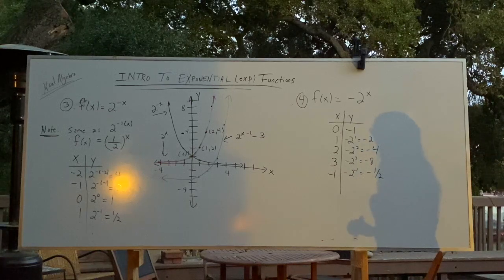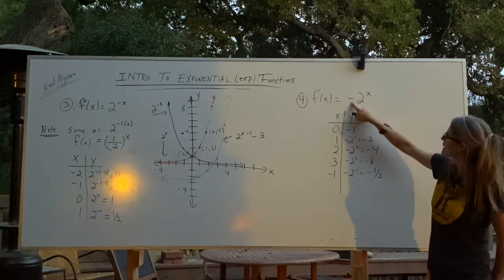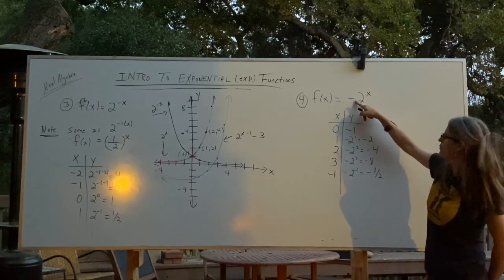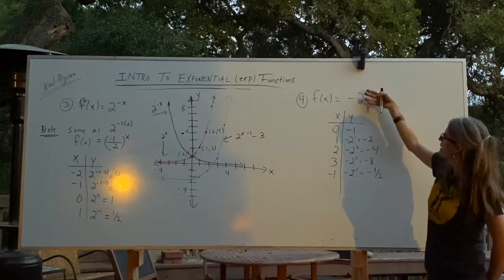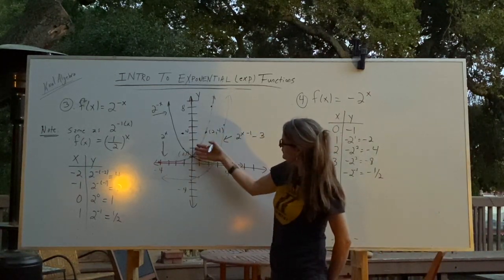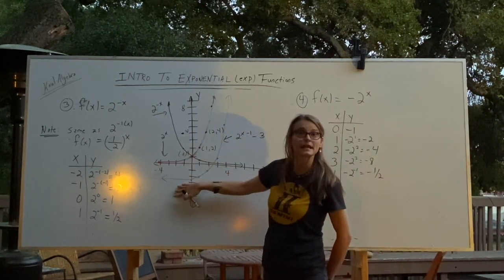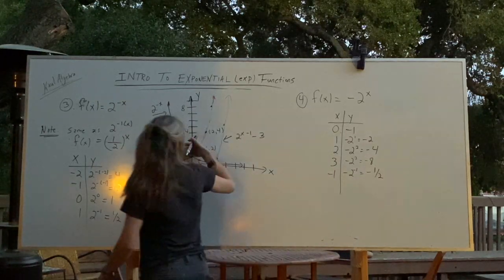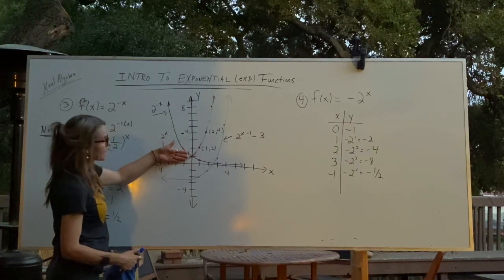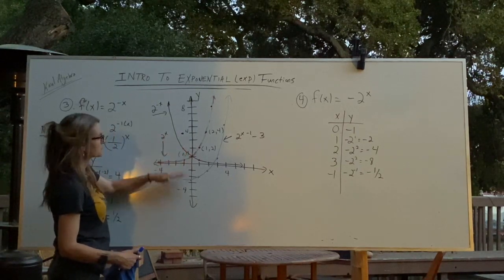What happens is this will tell me that all my output values will be the opposite y value. So I'm going to have everything from my original 2 to the x graph moved into the negative y section. Or basically it will be reflected along the x-axis, the line y equals 0.